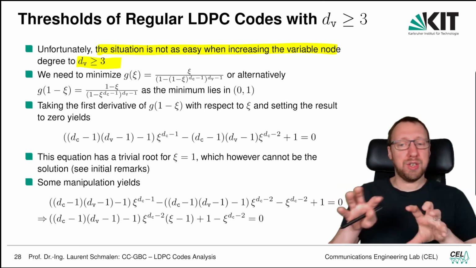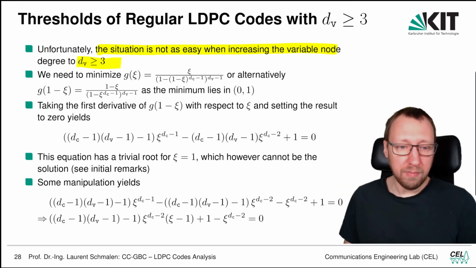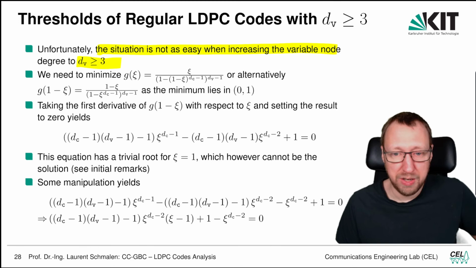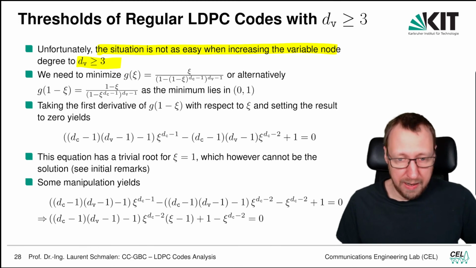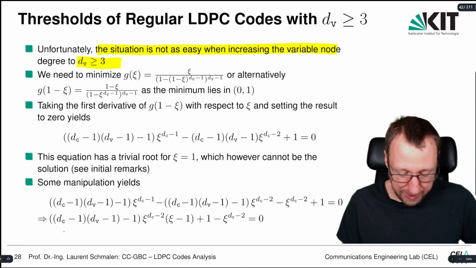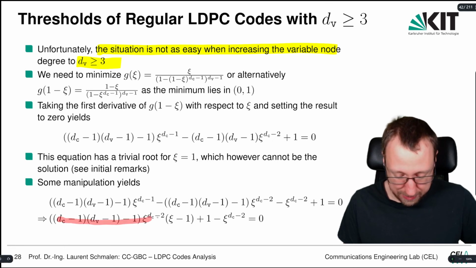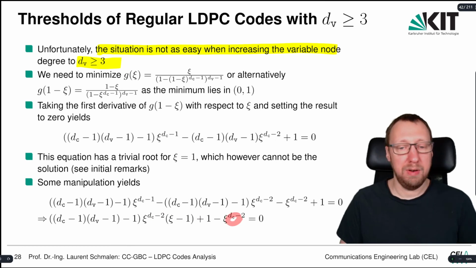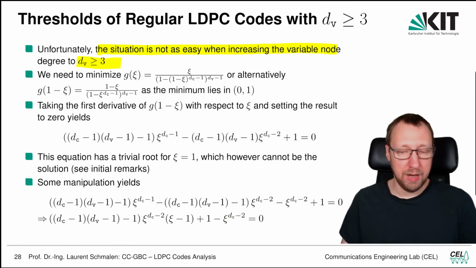So we massage the expression a little bit, and we get the following. We get this times (xc minus 1) plus (1 minus xc to the power dc minus 2), which is equal to 0.